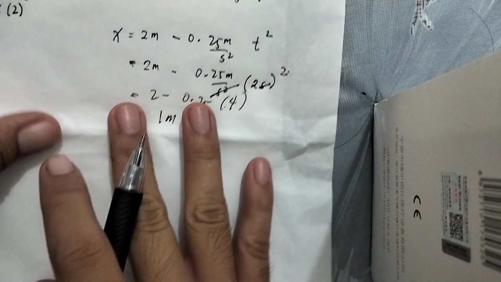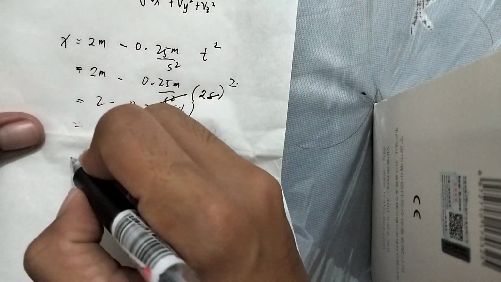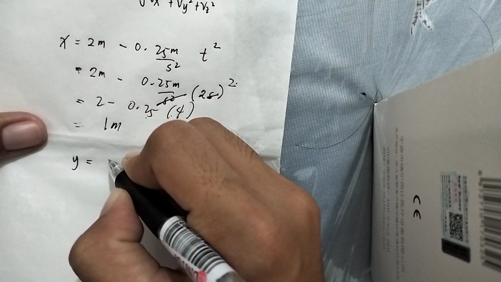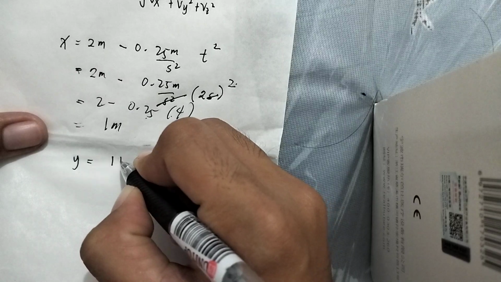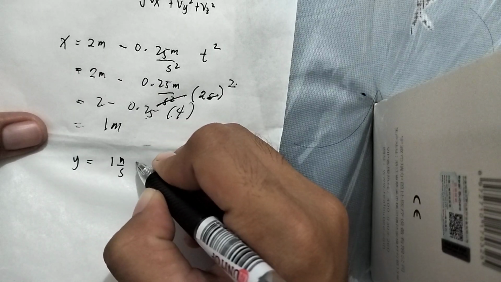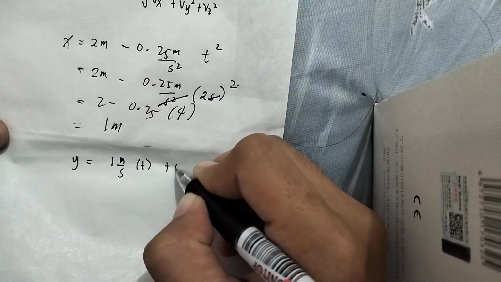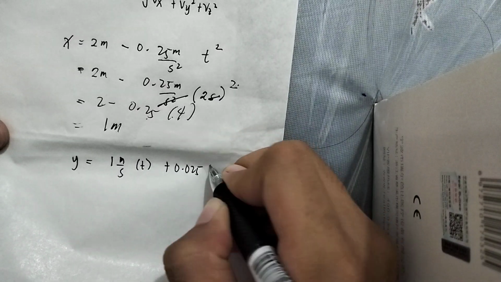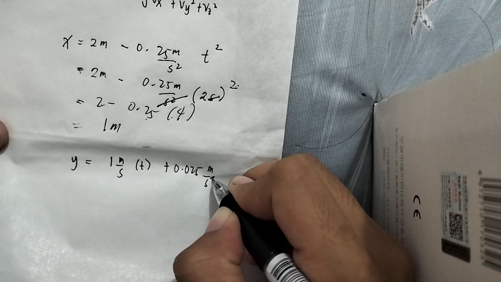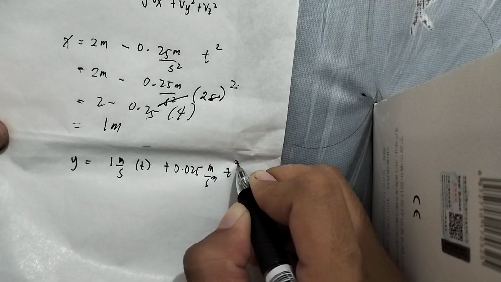So, for y, y is equal to 1 meter per second times t, plus 0.025 meters per second cubed times t cubed.